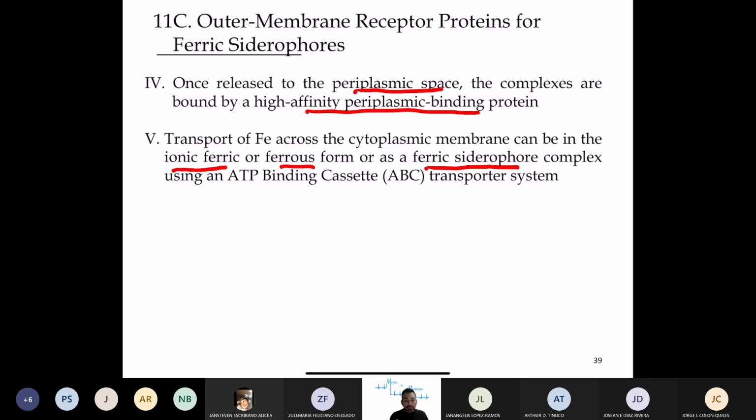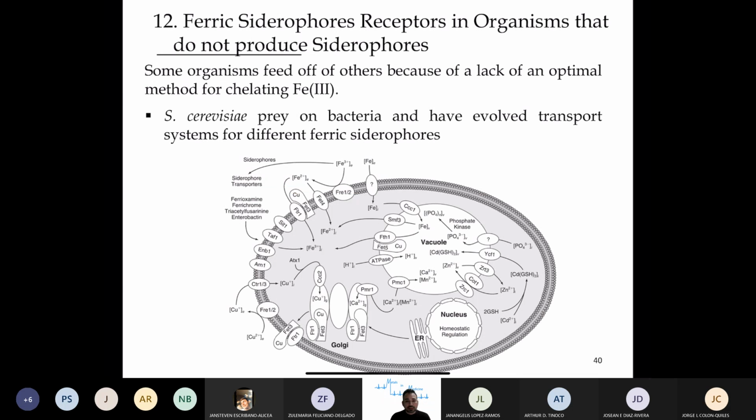So these are possibilities of how that iron that's now in the periplasm can go into the cytoplasm. And typically you have an ATP binding cassette or ABC transporter system that's going to facilitate this movement through. So that just gives us an overview.